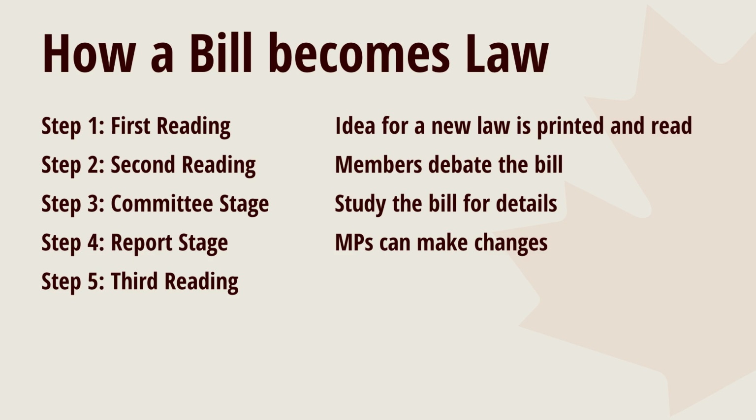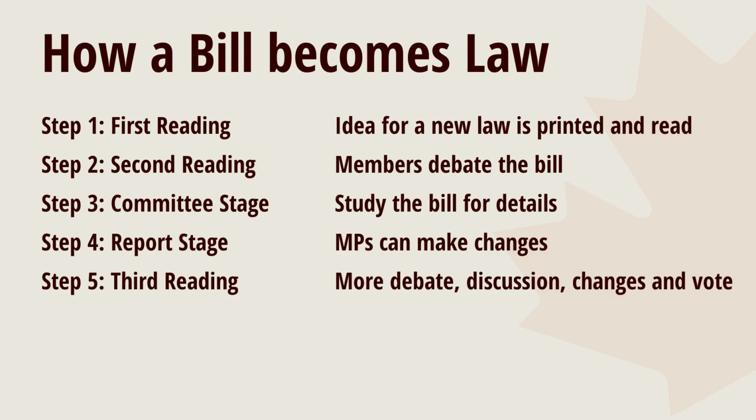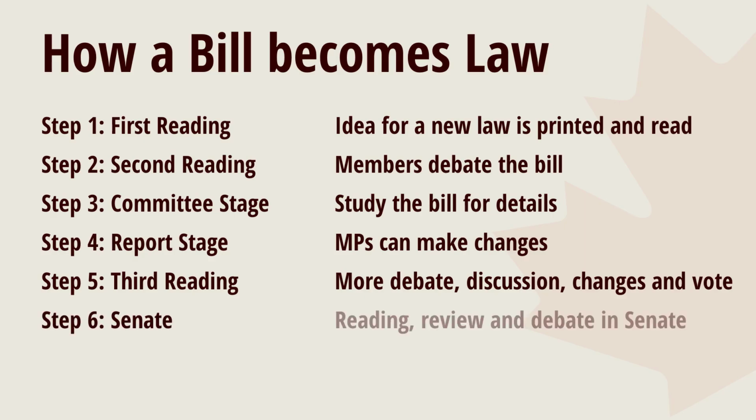This is another chance to debate and discuss the changes to the bill and to vote on it in the House of Commons. Once the House of Commons is finished voting on the bill, it must now go to step 6, a similar process of reading, review, and debate, but in the Senate, a different group of people.